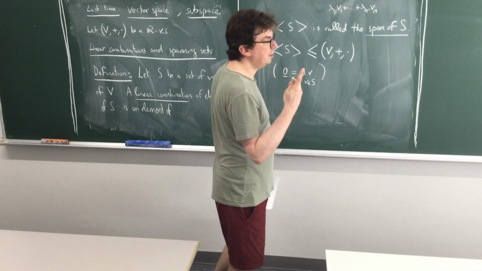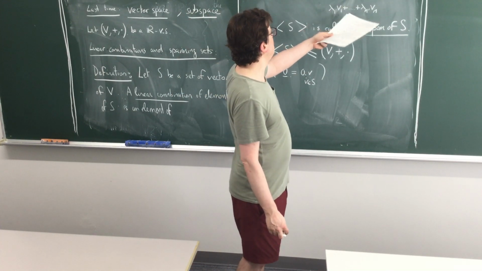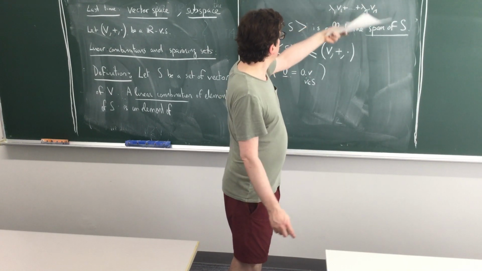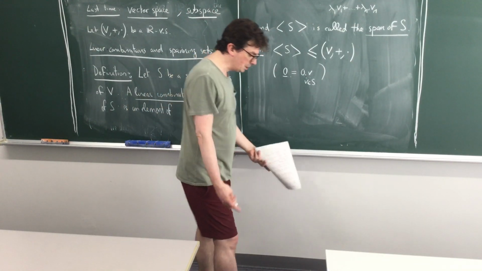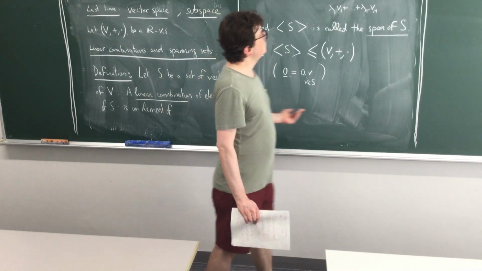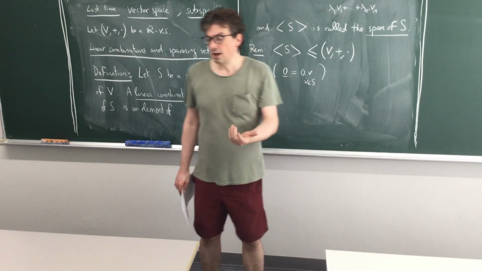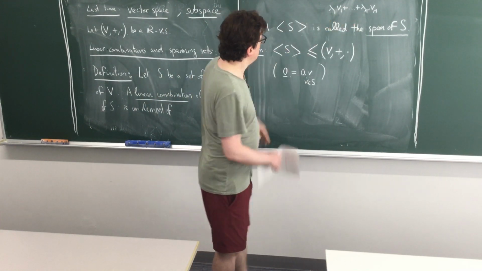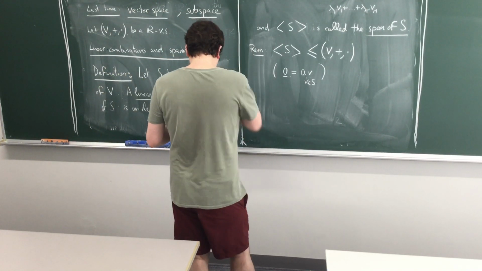This is condition S1. Now, is it closed by addition? Yes, because if you have a sum of terms like this and you add another sum of terms like this, then you will get a linear combination. So a linear combination plus a linear combination is a linear combination. And it is also stable by the scalar multiplication, because lambda times a linear combination will also be a linear combination. Okay, so this remark is obvious.